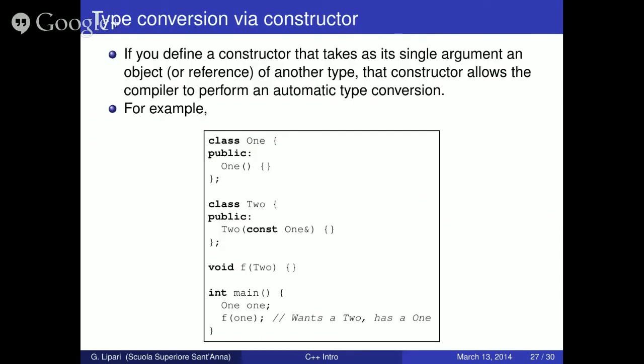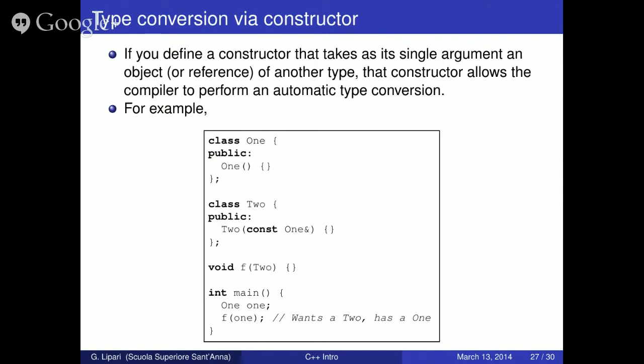Well, what the compiler is going to do now is look for a function f which takes 1. It doesn't find it. It finds instead a function f which takes a 2. So now the compiler tries to automatically convert 1 into 2.